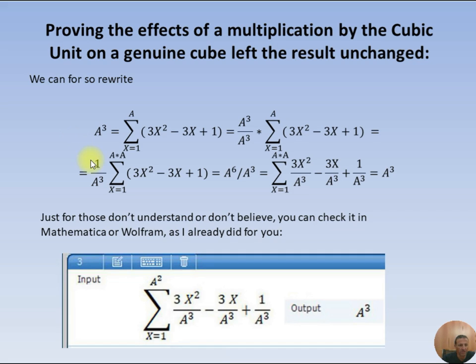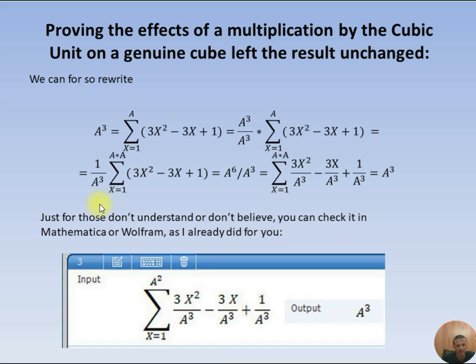We leave 1 over a cube outside the sum, and we take a cube into the sum in this way. We multiply the upper limit by a, so this sum becomes a to the 6, and it is over a to the 3, so the result is unchanged. And then we take a cube into the sum, dividing all terms by a cube. So the result is again a cube.